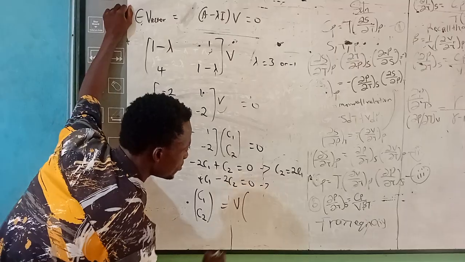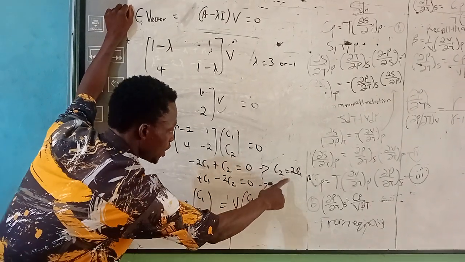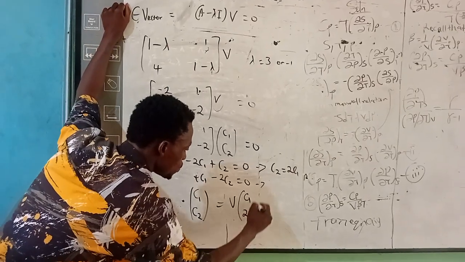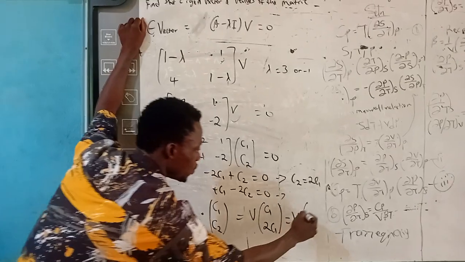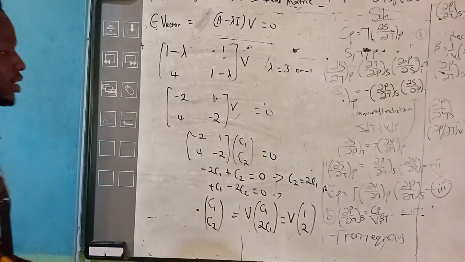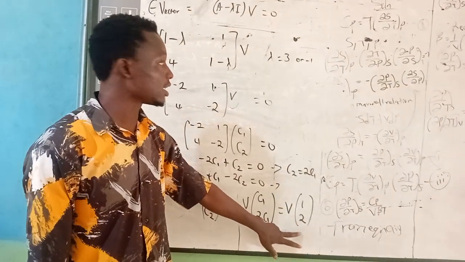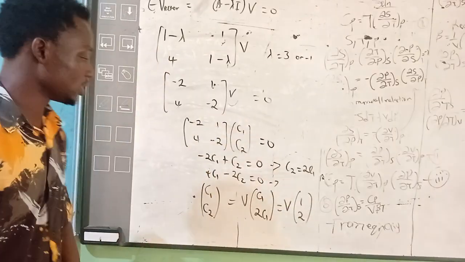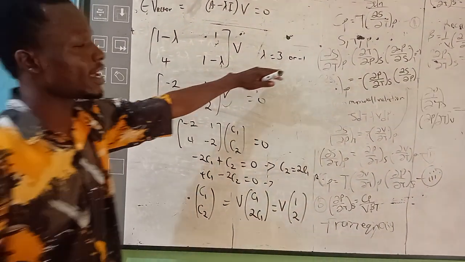Here this one is C1, and our C2 is 2C1. So these are vectors. What's their ratio? 1 to 2. Are we together? So these are our Eigen vector for testing lambda equals 3: 1 and 2. That's our Eigen vector when we are testing for lambda equals 3. Don't forget, these are our Eigen values.